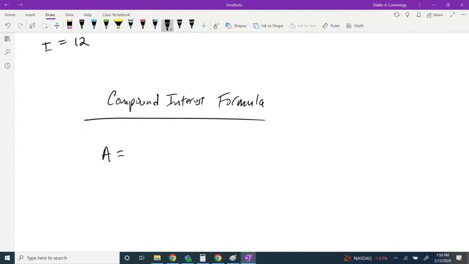A is equal to P times 1 plus R over N raised to the N times T power.